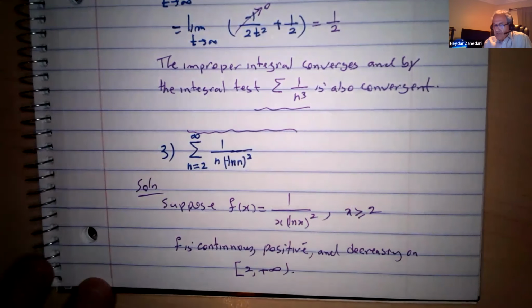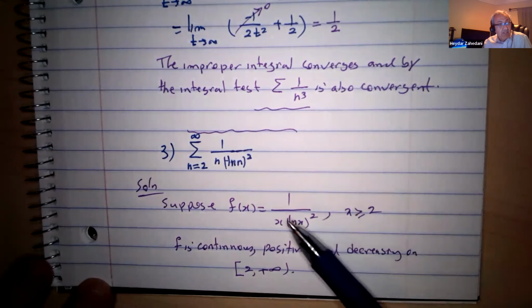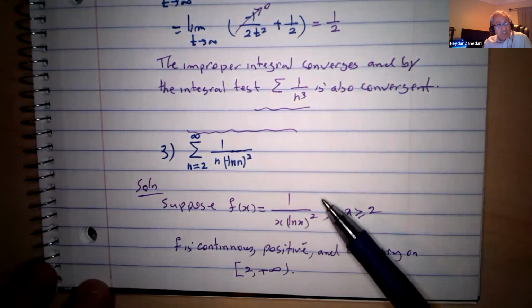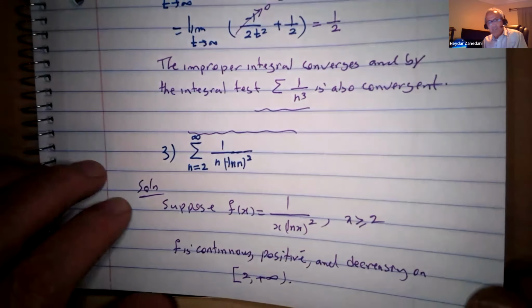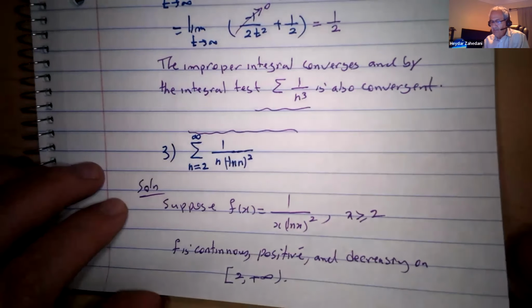So what we are going to do is look at the improper integral of this one, from 2 to infinity. If that integral is convergent, the series converges, otherwise it's going to be divergent. And that integral is the one that we practiced before. So let's do it.